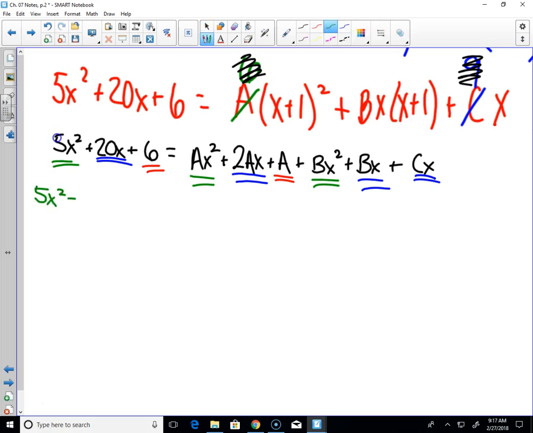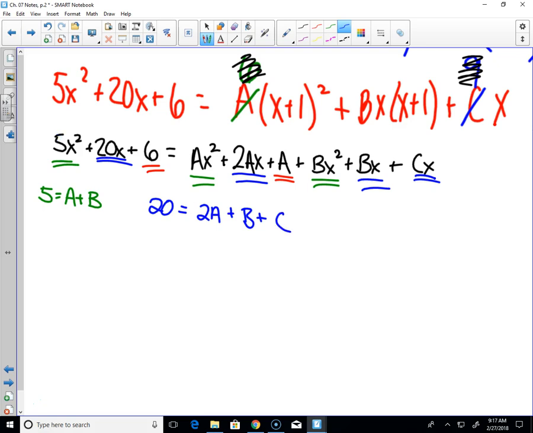I could do the 5x squared equals ax squared plus bx squared, but do you guys get what I did in the other example and just took away all the x squareds because I divided? So really I could just say 5 equals A plus B. Then from the x terms, 20 equals what? 2a plus b plus c.